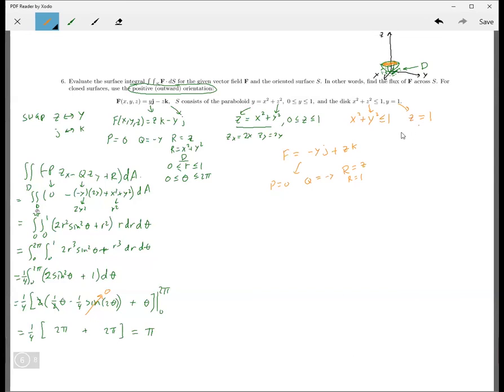So that means that zx is 0 and zy is also 0.